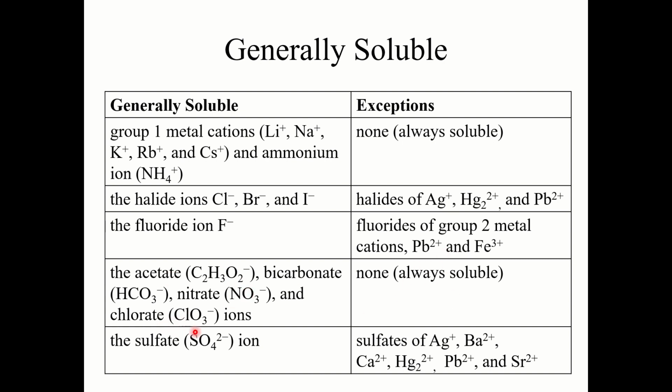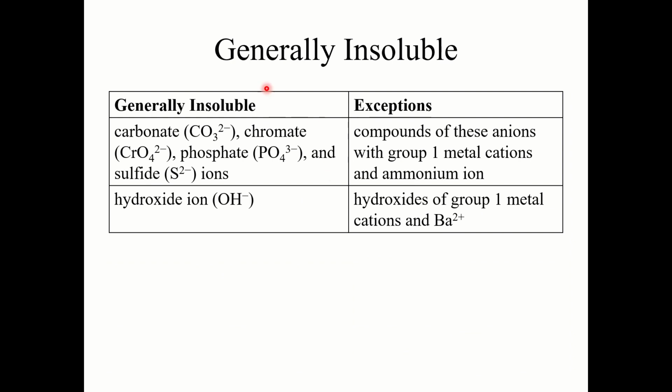If it's got sulfate, it's generally soluble unless it's with silver, barium, calcium, mercury, lead, or strontium. Okay. The other side of this are the generally insoluble rules. So anything that's generally insoluble, again, if you notice that your compound has one of these ions, it is going to be insoluble unless it's paired up with one of these exceptions.